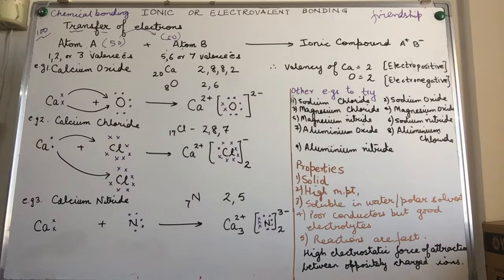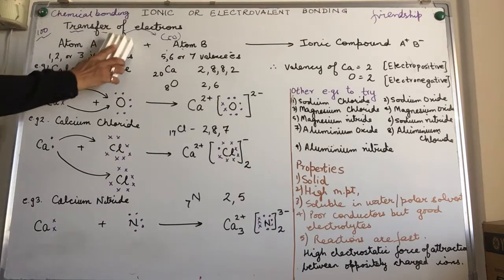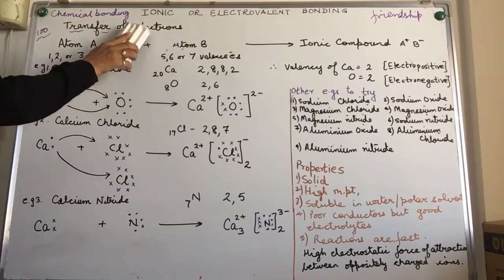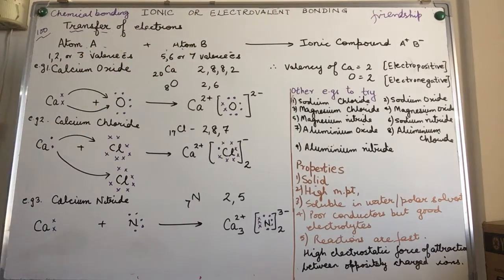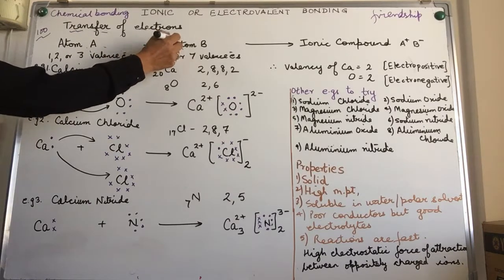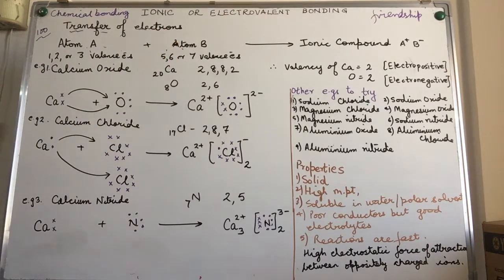A similar scenario operates when we talk about electrons in an atom. When atom A here has 1, 2 or 3 electrons in its valence shell, it is happy to loan it to the other atom, which we will name as B, the atom B. On the other hand, atom B can take up electrons if it has 5, 6 or 7 electrons in its valence shell.